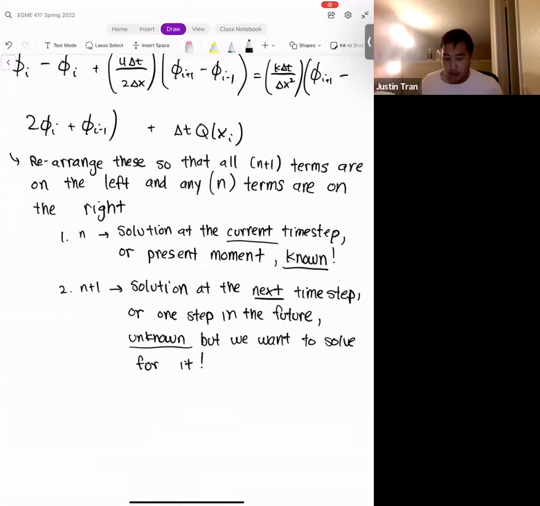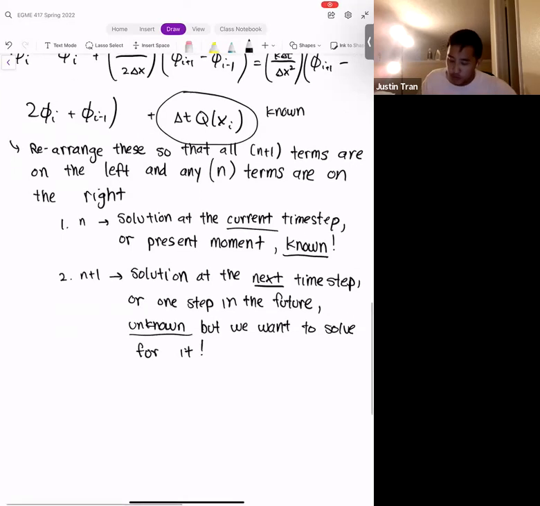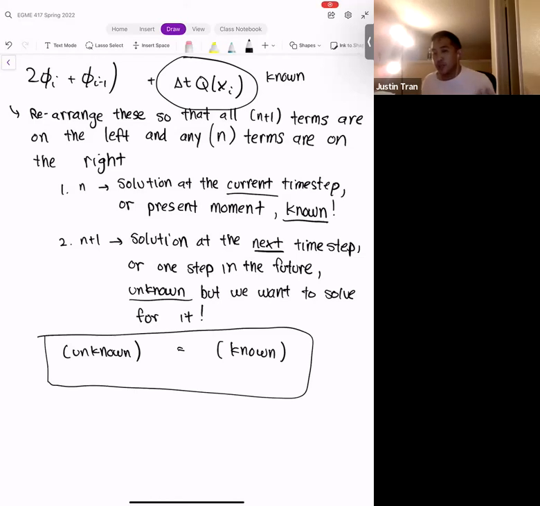All right, and so with that in mind, and if we count the fact that our source term here is also a known quantity, okay, then what we can do is rearrange this equation so that everything on the left side is unknowns, and everything on the right are the knowns. Okay? And so we basically want to set up an equation that looks like this, right? And so what we say is that our solution phi in the future, one step in the future, is going to be a function of what's happening in the present. Okay.